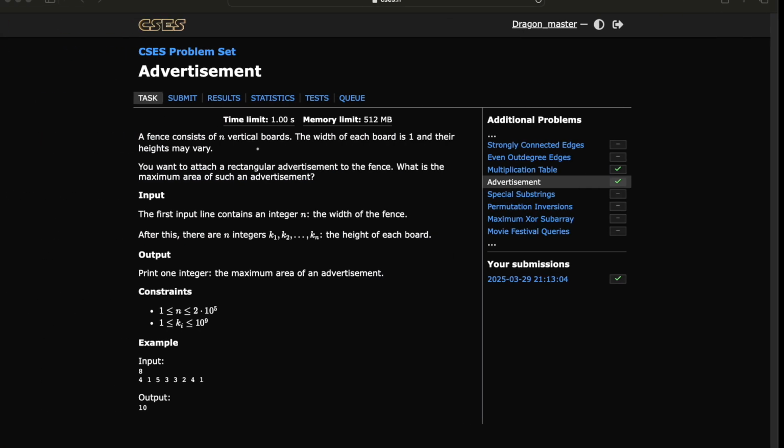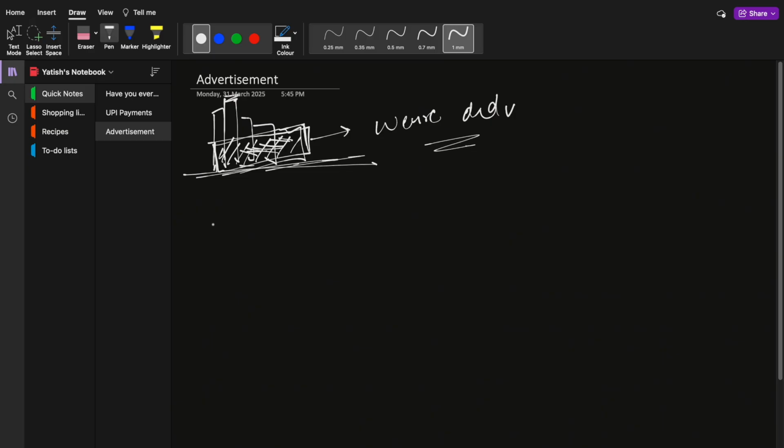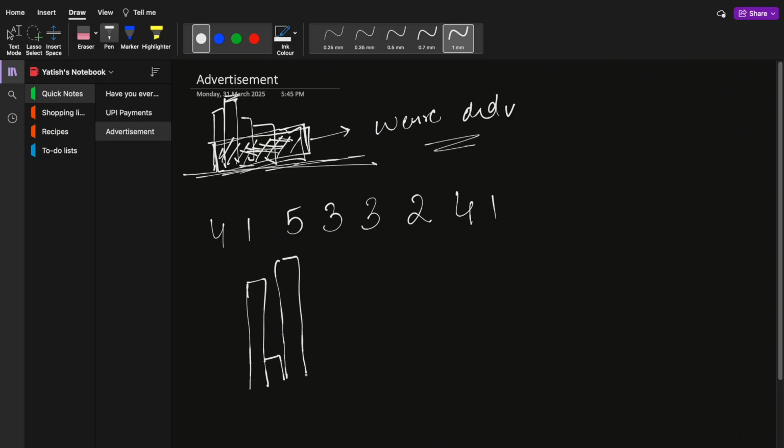The test case that is given to us is 4 1 5 3 3 2 4 and 1. Now let's draw this one. This is 4, this is 1, this is 5, this is 3, 3, 2, this is going to be 4, and this is again going to be 1.